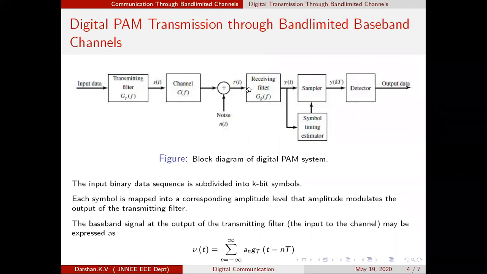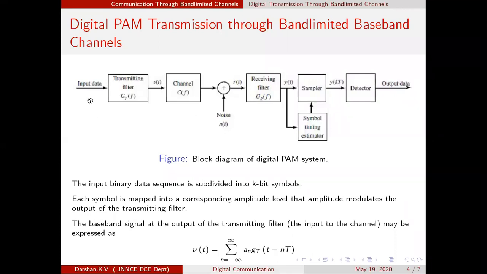So let us stop our discussion over here and we will analyze R of t. What is the equation for R of t? Remember, you are transmitting a train of pulses. So therefore, at the receiving end, you are supposed to receive a train of noise corrupted signals. That you are supposed to remember.